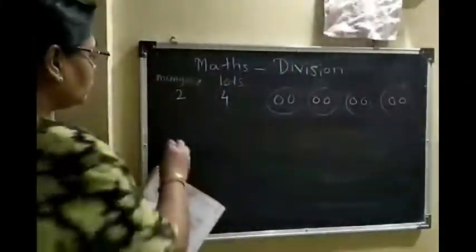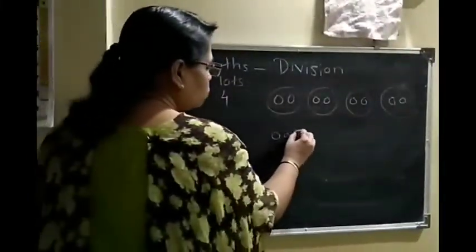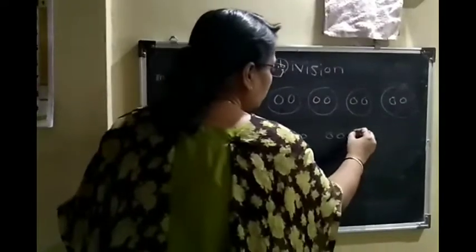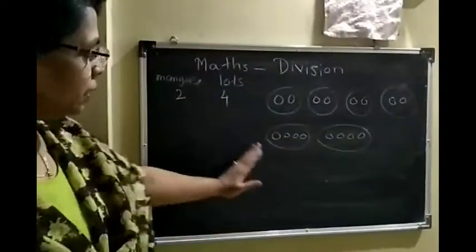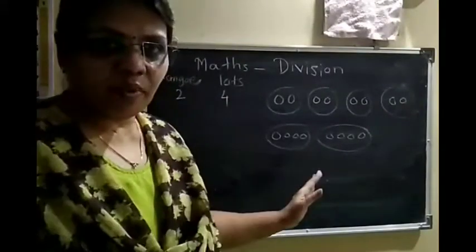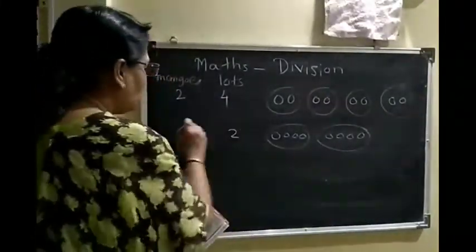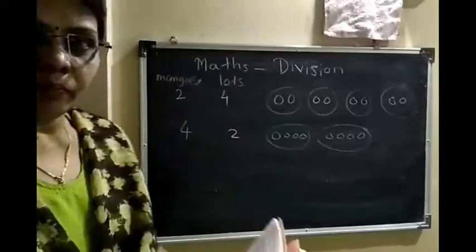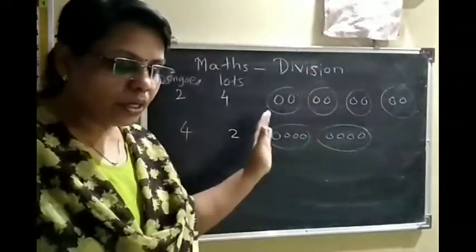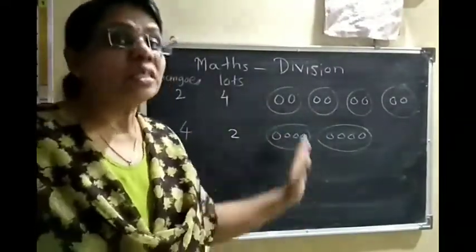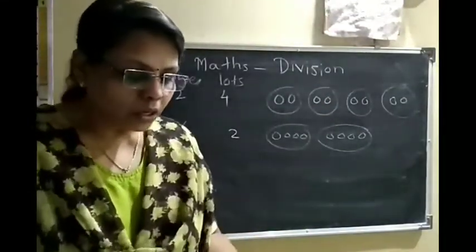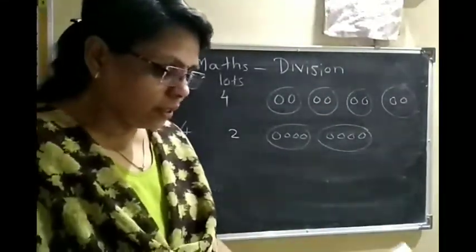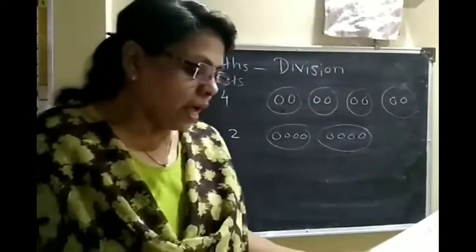Second one, here they have made 2 lots, and mangoes are 4 in each. So the total number of mangoes can be divided in this manner. So we have done this oral work.